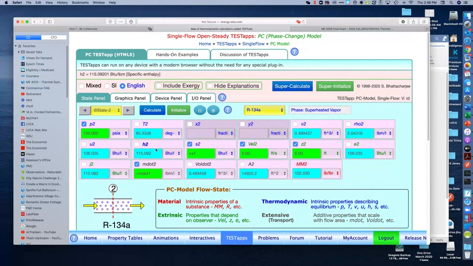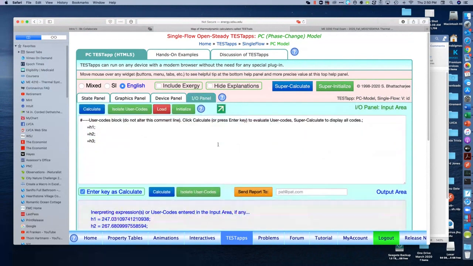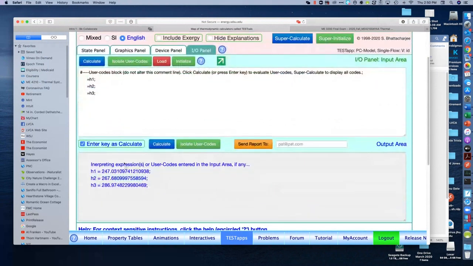If I went back to state 2, switching it over to kilojoules per kilogram, I get the H2, and then finally I can do the same thing here, and I get the 247. So again, the I/O panel always works in SI units.